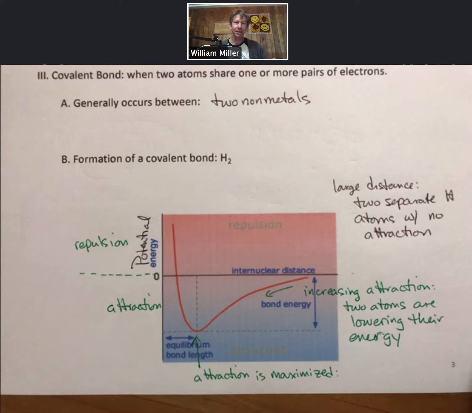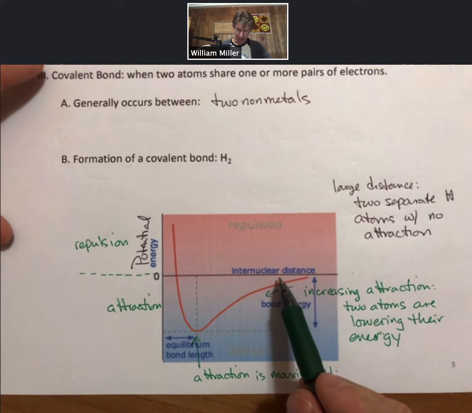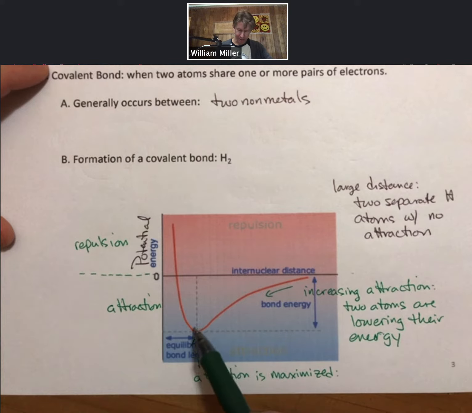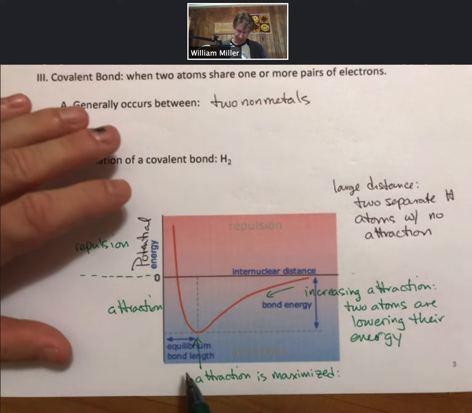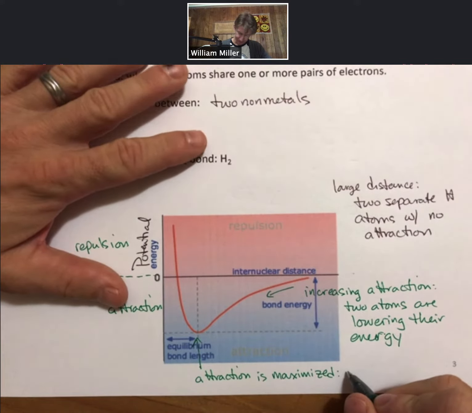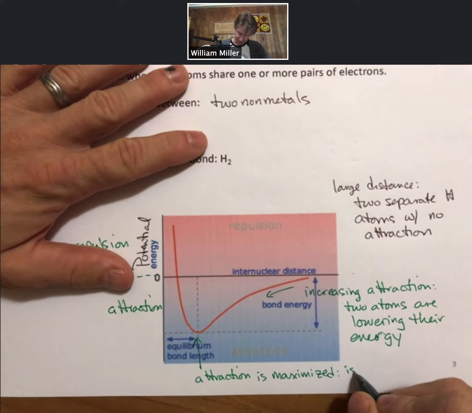And that is how we think of a covalent bond. And why covalent bonds form, it's because the two atoms are lowering their energy, much in the same way in physics, a ball will lower its energy by rolling down a hill. Okay, so attraction is maximized, so that is the bond length.